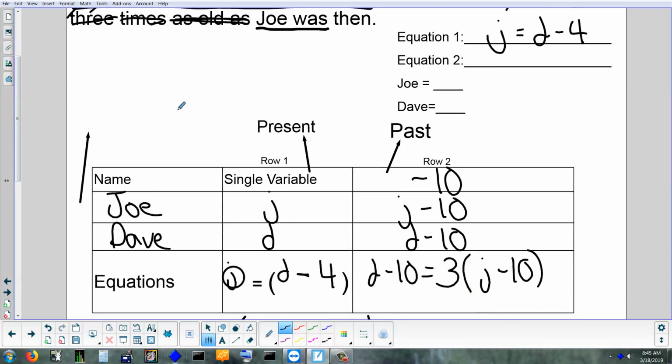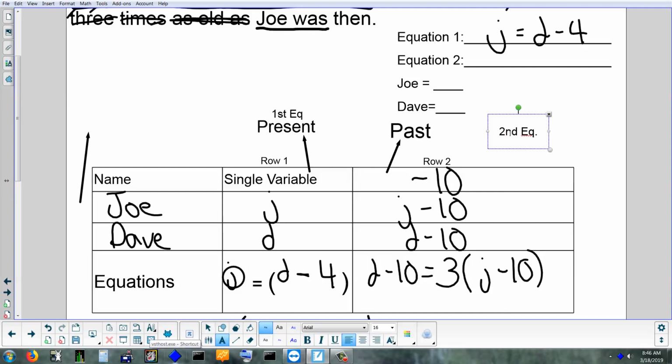Use these variables for the first equation. Use this information to represent these people in the second equation, the past or the future. You're just looking at what's up here.